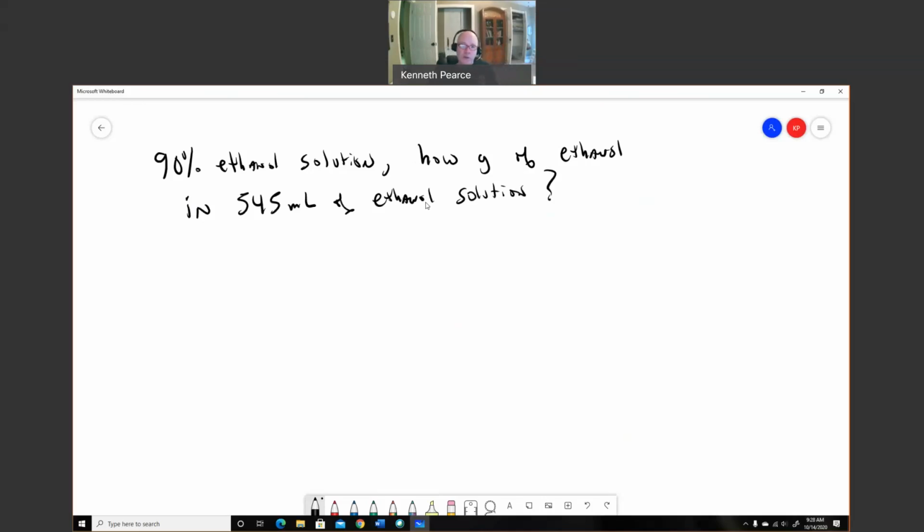Okay. Now, the ethanol solution is 545 milliliters, but part of it is actually the ethanol. The rest of it is water. And so how many milliliters of pure ethanol do we have in that 545 milliliters? And it's just as simple as this. You take your 90%, you divide it by 100, that'll get you 0.9, and it's just times whatever that total is.